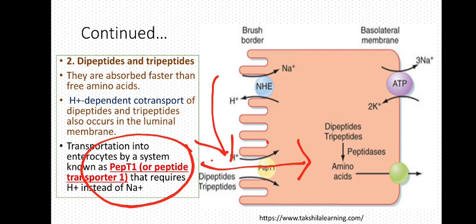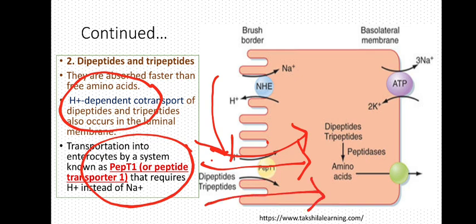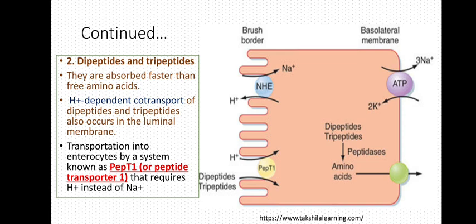So, that is why it is called a co-transporter system. Okay. It is a proton dependent co-transporter system. So, proton also comes in, and the dipeptides as well as the tripeptides will also come into the cell.